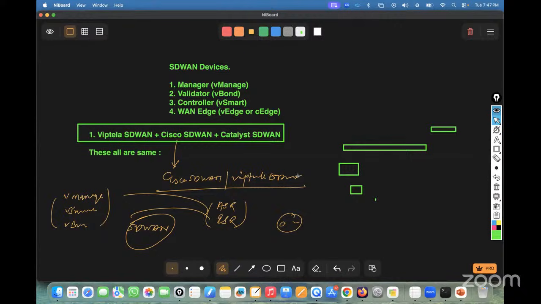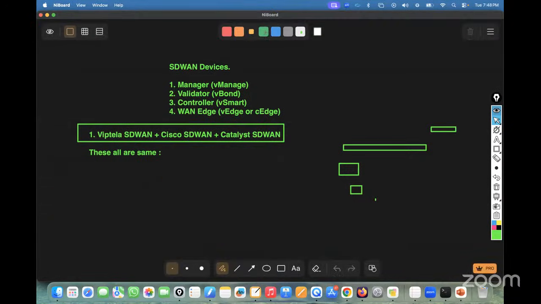Similarly, customers very happily say, okay, if I don't have to pay the entire hardware cost, I will go and opt for these additional services, which are based on the license, based on the iOS upgradation, and these controllers. Then the network is going to be very smart, very sophisticated. So from there, another device has been invented apart from these four devices. Means vManage was there first, controller, vSmart was there also, and vBond was also there.